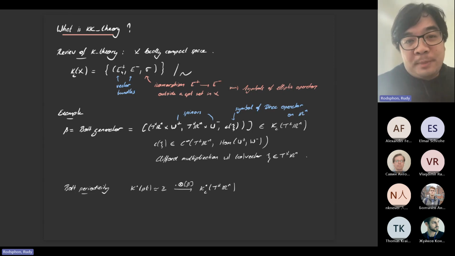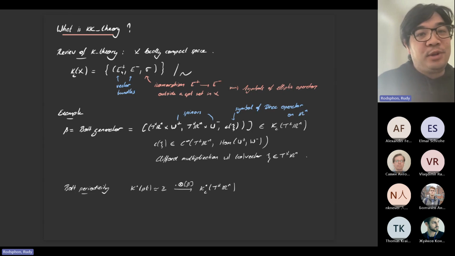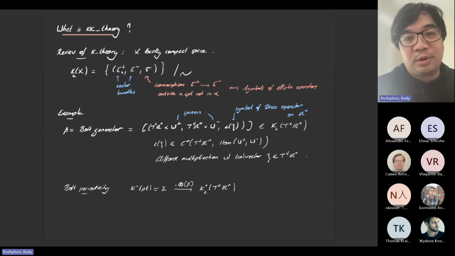Very often they will be part of one same vector bundle, the even part and odd part in quotation marks, for example if you take an exterior algebra bundle. Then you ask also for an operator sigma, which acts on the sections of the bundles. You ask also that it's an isomorphism outside a compact set.